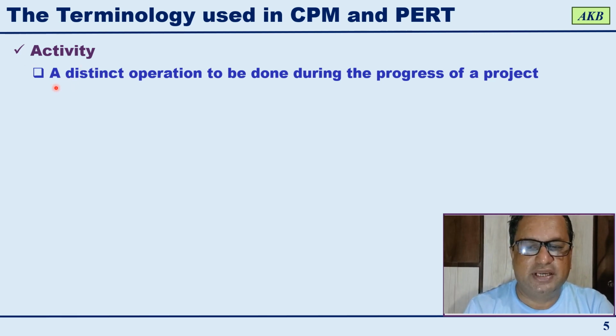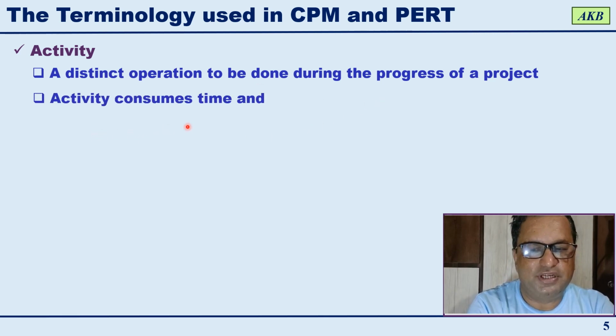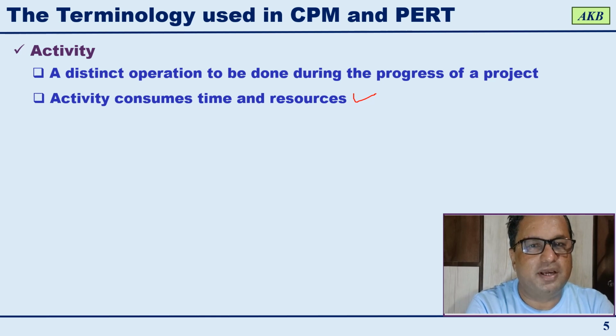So this is a distinct operation that is to be done during the progress of a project. Activity consumes time and resources. This is important: every project activity will consume time and it will also consume resources.